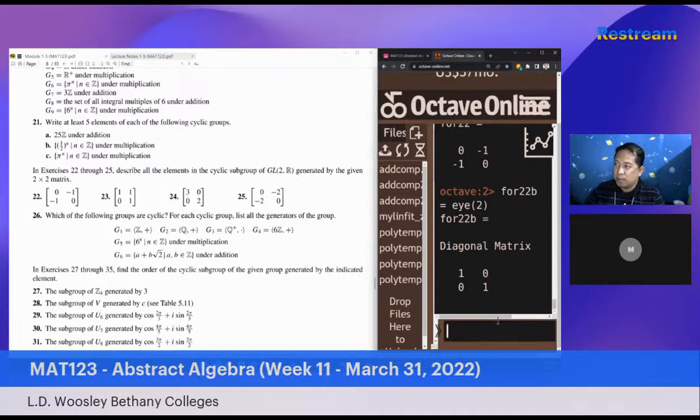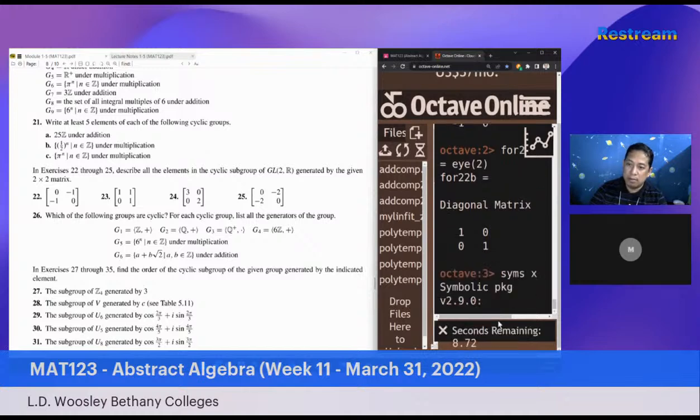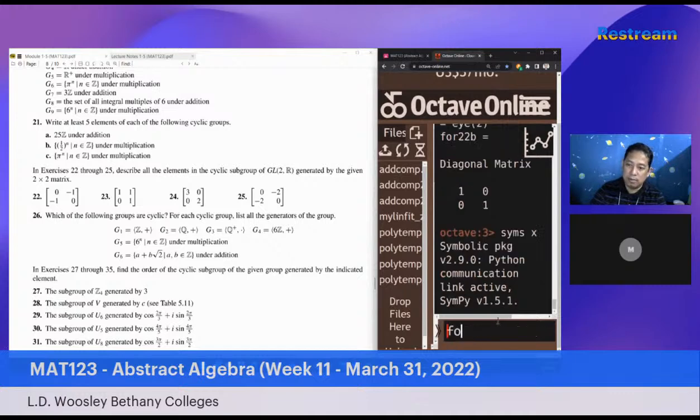For 23, what will be the element? The element will be in this manner. So 1, composing of the identity, and then you have a variable there, and then 0 and 1.